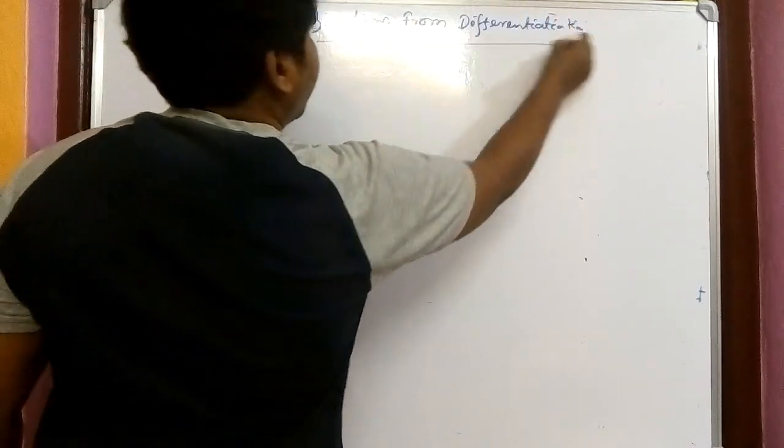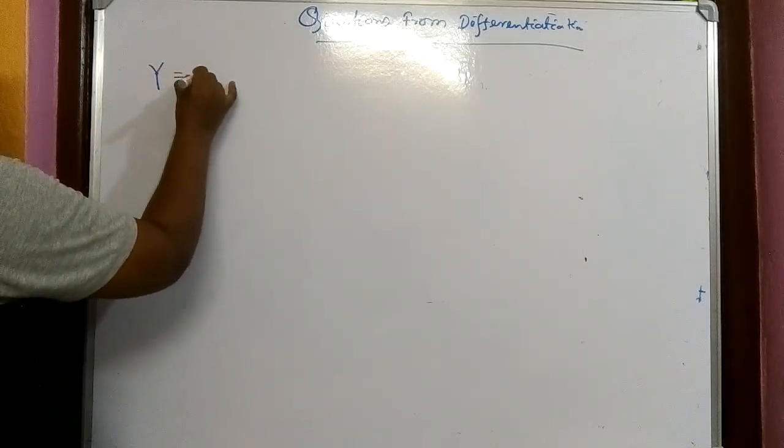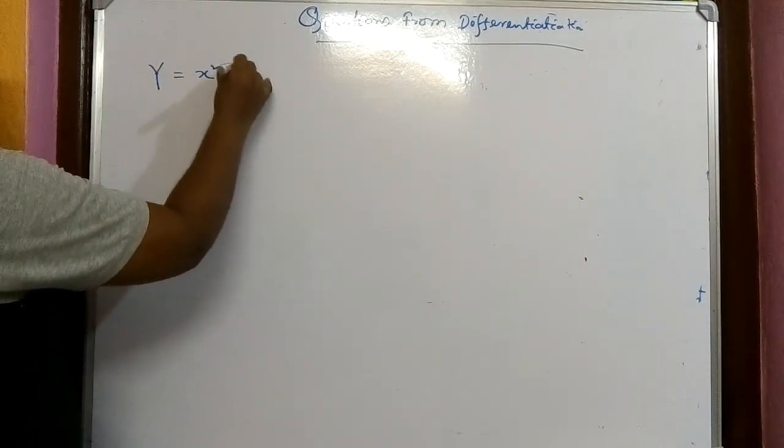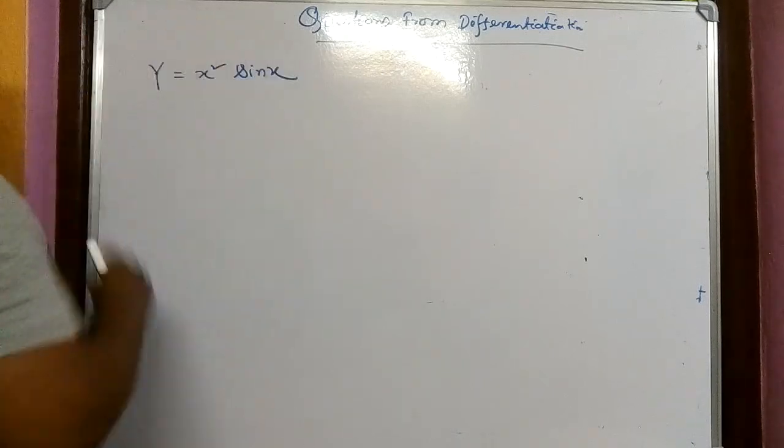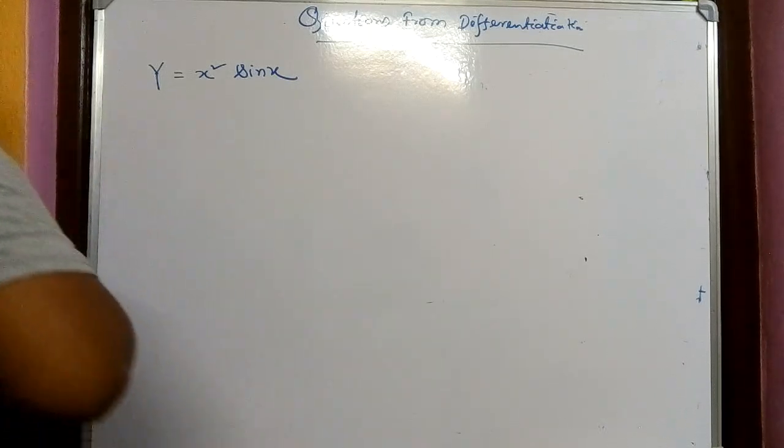First we'll go for some easy questions. Suppose it is given to you that y equals x square sine x. Then how can we find dy by dx?